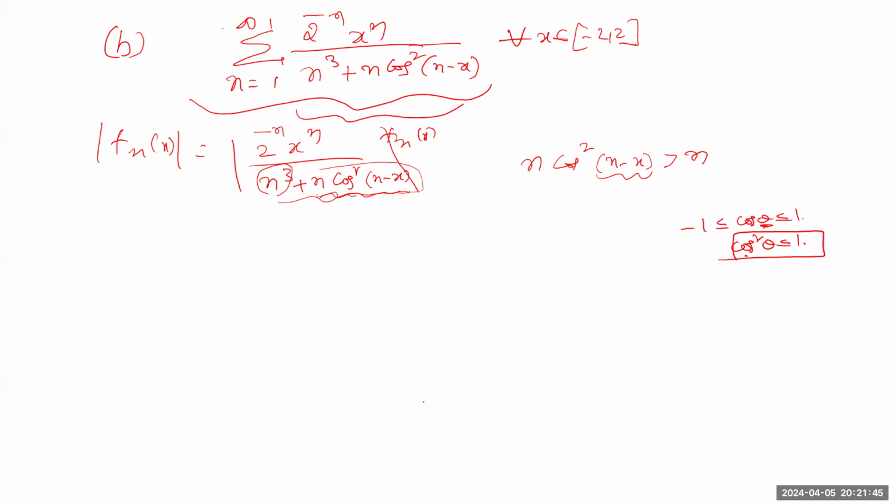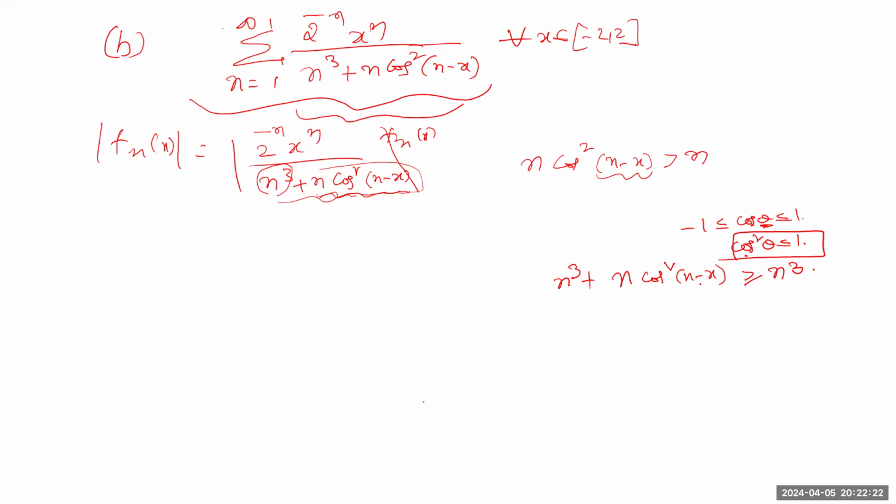So what I am going to say here, n times cos square (n minus x), which with n cube plus n, this value is greater than or equal to n cube. Because cos square is less than or equal to 1, maximum 1.